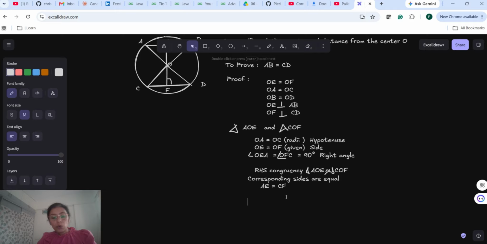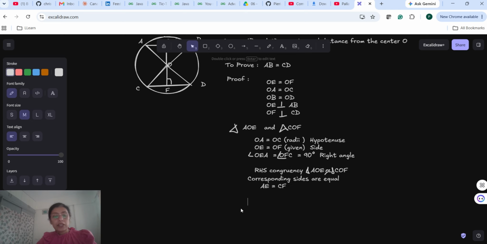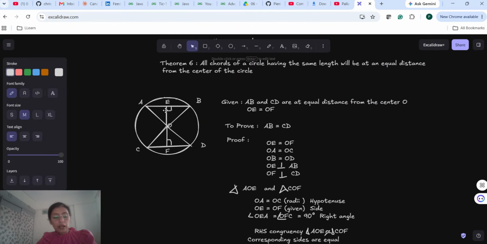Now we have seen in an earlier theorem that a perpendicular line drawn from the center of the circle to a chord bisects the chord, right? So OE is a perpendicular line drawn from the center of the circle to the chord. So this means this line is bisecting the chord.